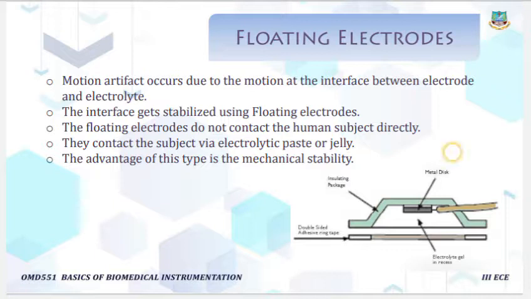By using this, the motion artifact is eliminated. This is also called a liquid junction electrode. That is, it has no direct contact with the human body. They contact the subject via an electrolyte paste or jelly. Mechanical stability is the main advantage of this type of electrode.